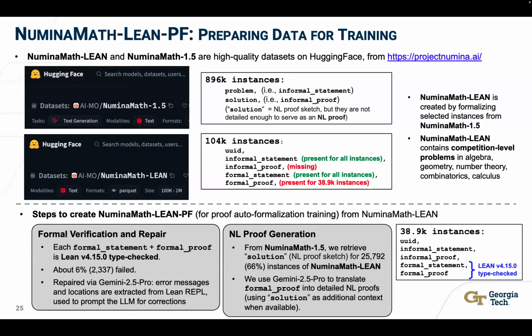Almost all the data sets that we have are in Lean 3, and Lean 3 and Lean 4 are not exactly compatible. So we had to create this data set, which was a lot of hard work, based off of NuminaMath-Lean and NuminaMath 1.5.